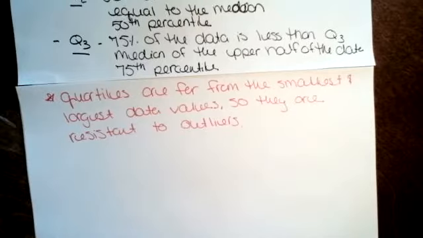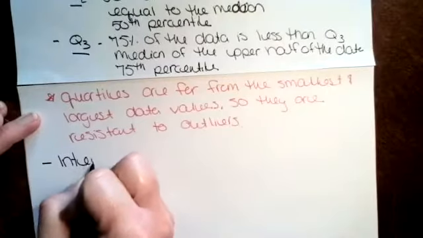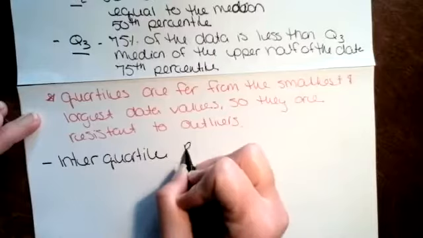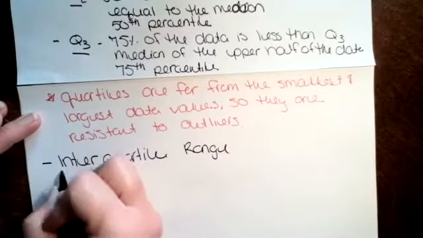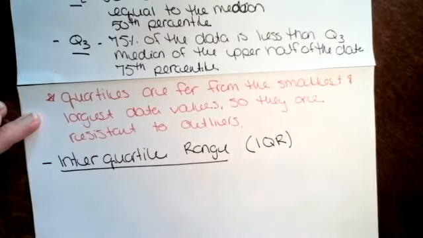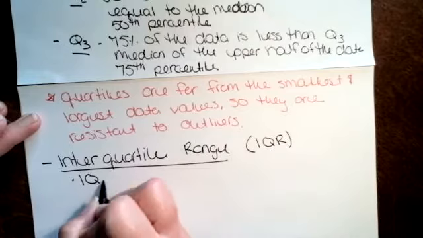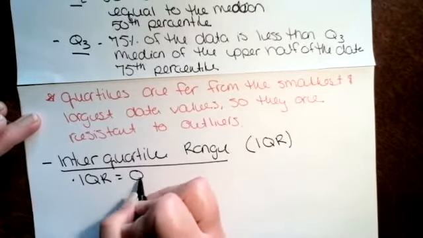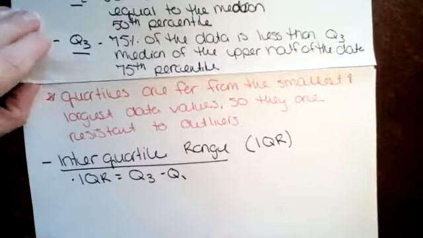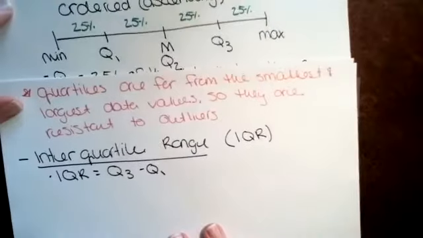When we're looking at our quartiles, we have what we call the interquartile range. My interquartile range is IQR. And IQR is equal to quartile 3 minus quartile 1. So again, I'm just going to show that visual for us here.